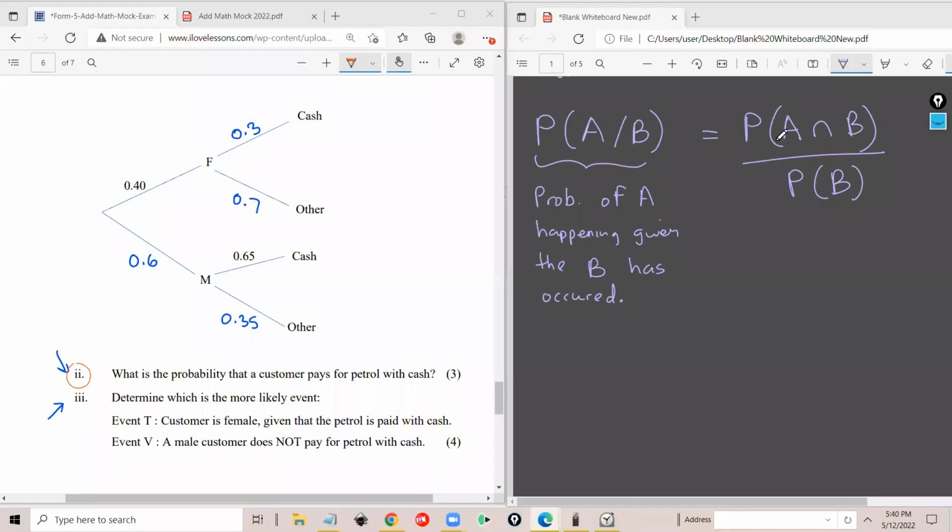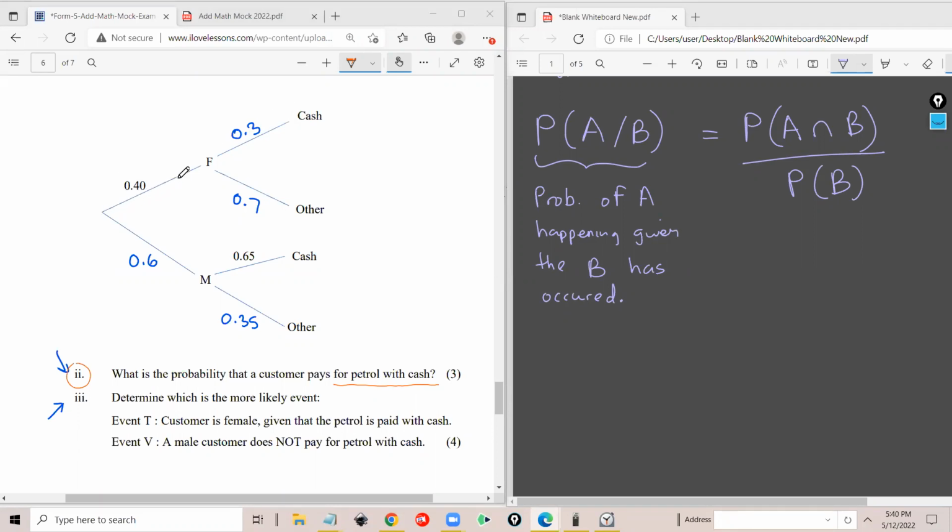All right, so for part 2, they ask what's the probability that a customer pays for petrol with cash. Now, there are 2 ways you can end up with a cash payment, right? You can be a female and pay with cash. So that's one way.